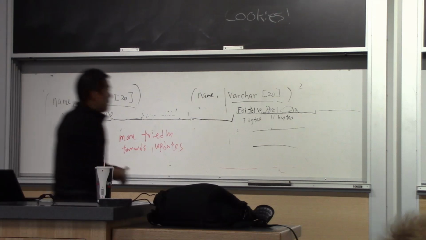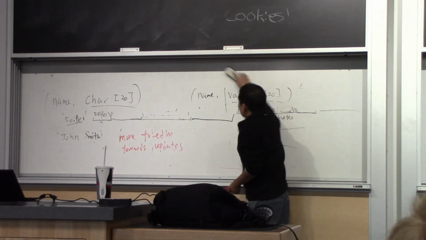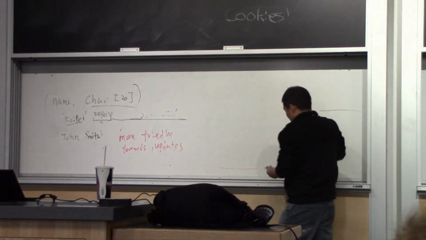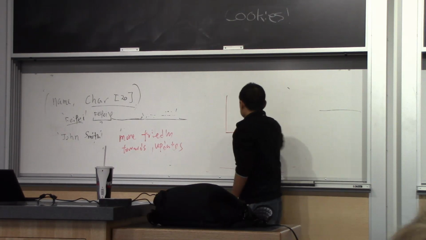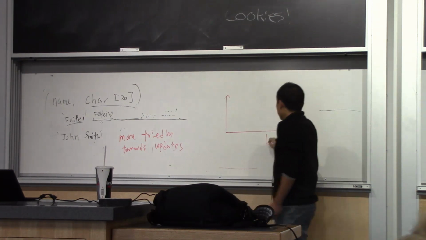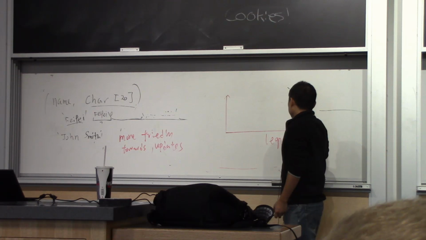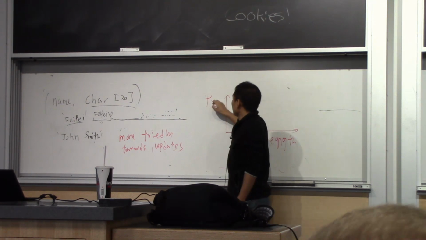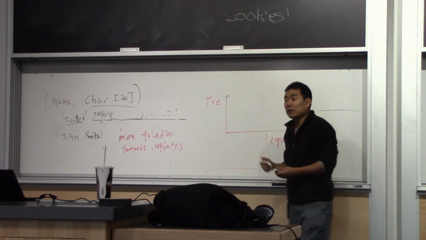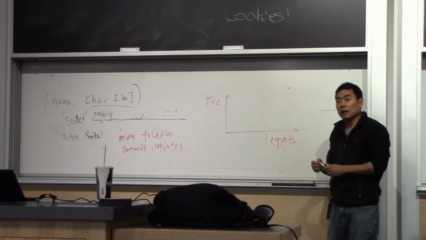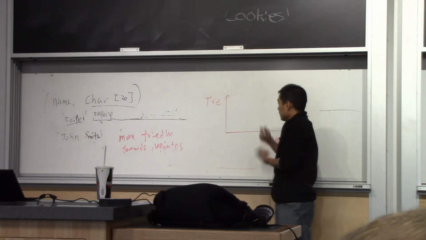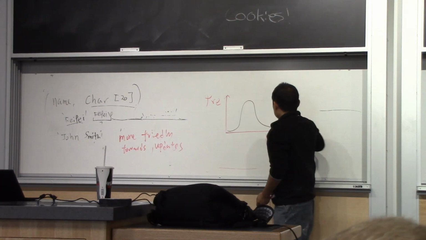For example, the name distribution of human names. If you look at the human name distribution, this is the length of your name. This is the frequency of names with that particular length. What do you expect this curve to look like? It's more like this, right?